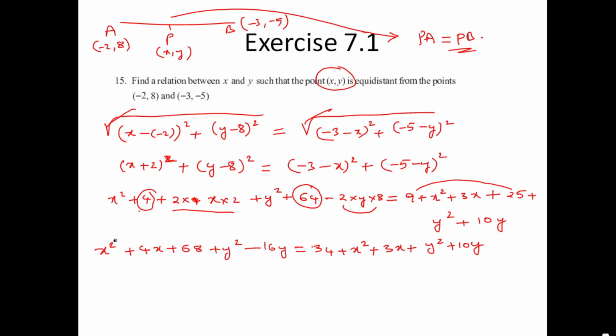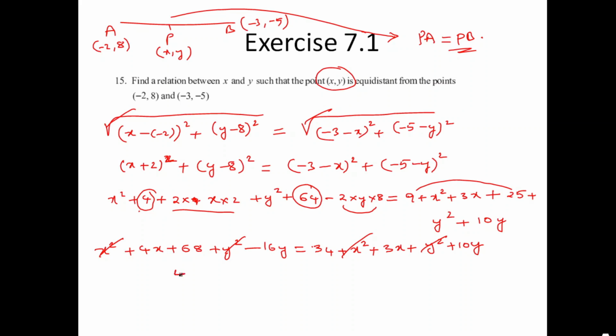So in the LHS, I can see that x square is here and on the RHS x square is over here, and then y square on the LHS cancels out with y square on the RHS. Is there anything else we can cancel? No. So what we'll do is take all the variables to the left side and the numbers to the other side.